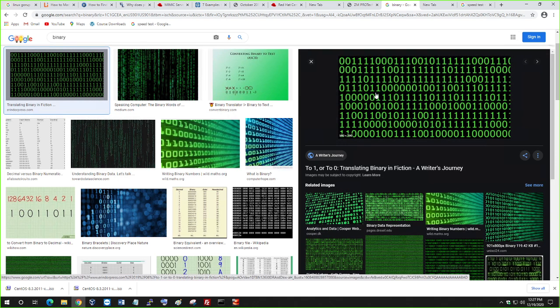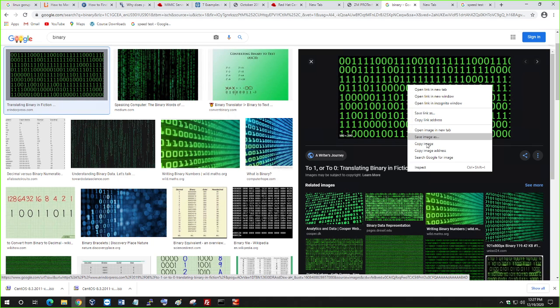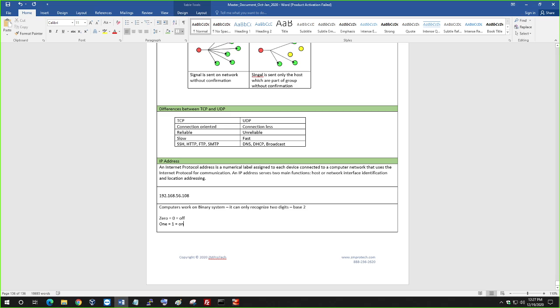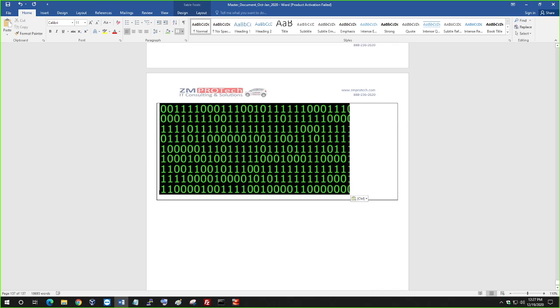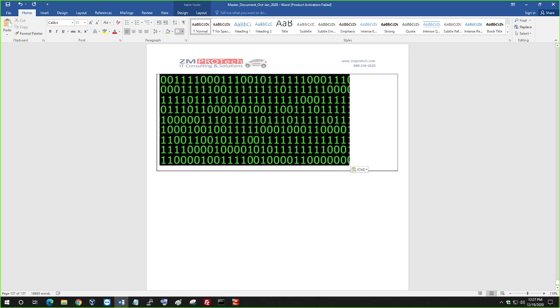No matter what you're writing on your system, deep down at the hard drive level, when the system is writing to the hard drive, it's writing the binary code. Good.